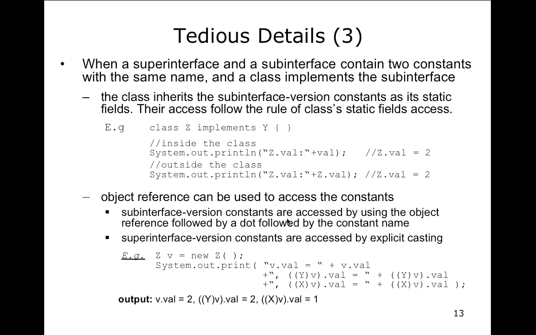So object references can be used to access the constants. As I mentioned before, you can't make objects out of interfaces, but we have object references that we can access the constants from. Sub-interface version constants, this is like a tongue twister, are accessed by using the object reference followed by the dot followed by the constant name. So here's our example where we've got Z v equals new Z. We're making a new instance of the object, calling it v.